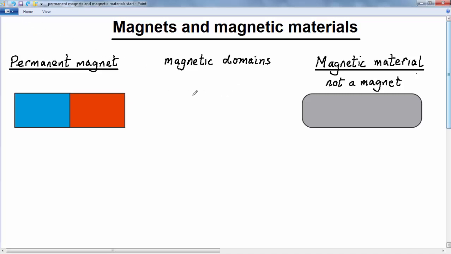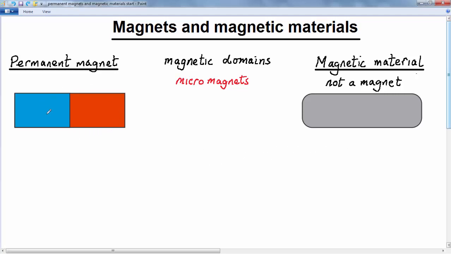So what exactly is a magnetic domain? Well, we can think of magnetic domains as being like really tiny micromagnets. This magnetic material is made up of millions and millions of tiny magnetic domains, or little micromagnets, and likewise the permanent magnet. To understand the difference between the two, we've got to look at how the magnetic domains are different in the permanent magnet to those in the magnetic material.